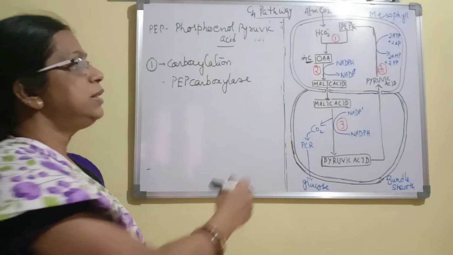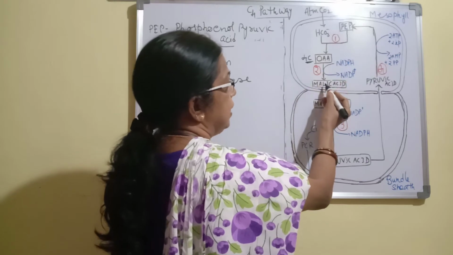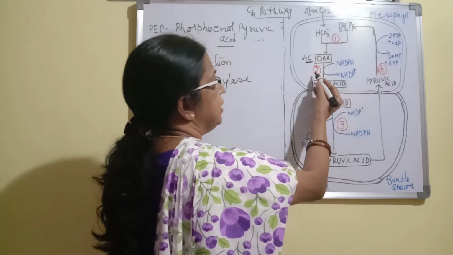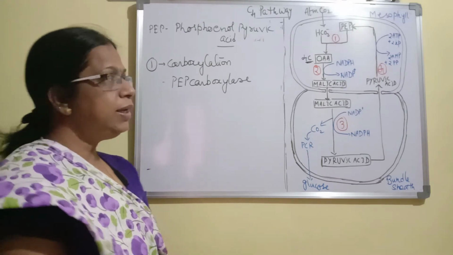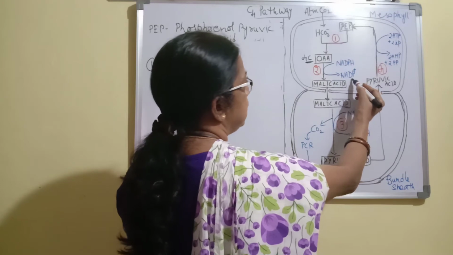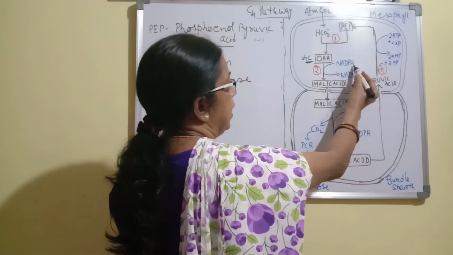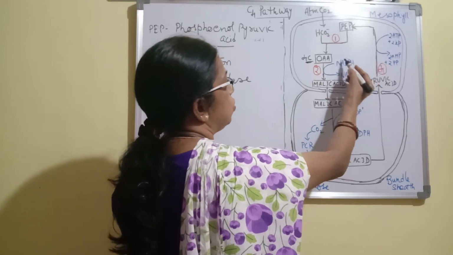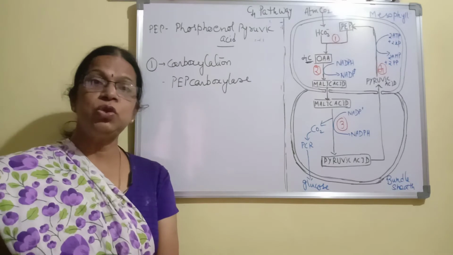Now the oxaloacetic acid formed in the mesophyll cell is converted into malic acid. This is the second step. It requires NADPH, which is oxidized to NADP+. That means NADPH is donating hydrogen to oxaloacetic acid, which is getting reduced to malic acid.